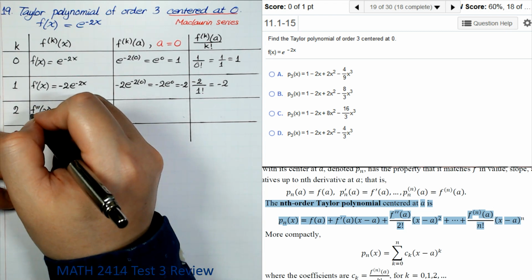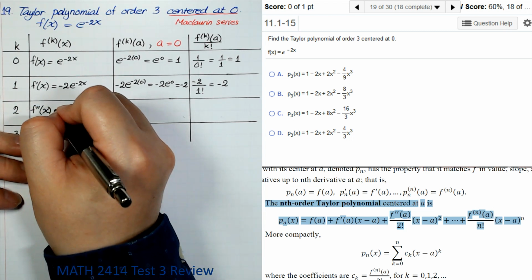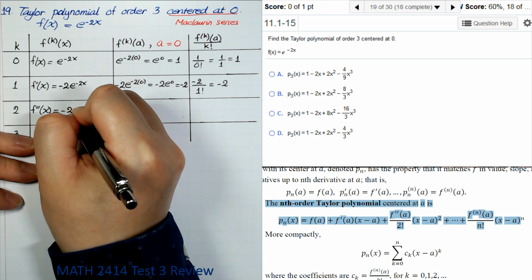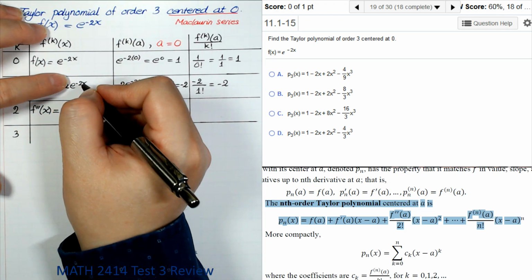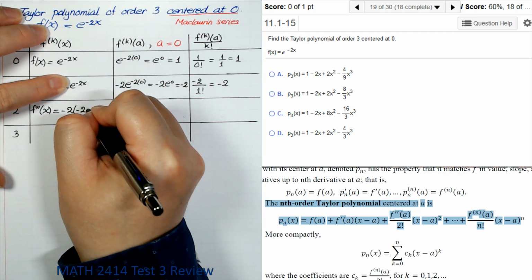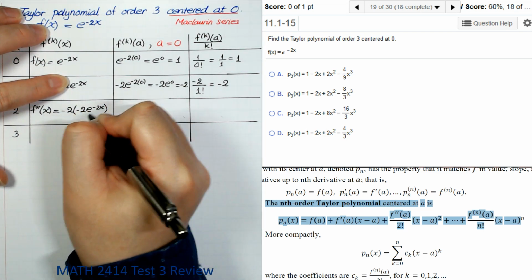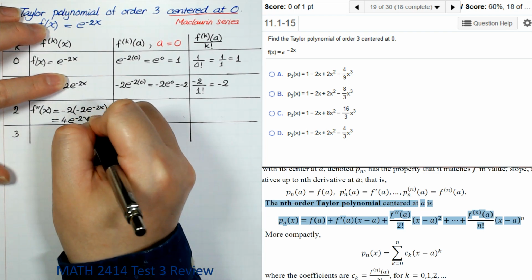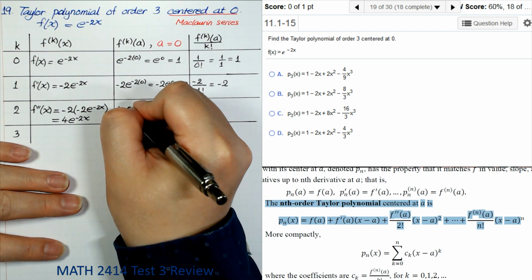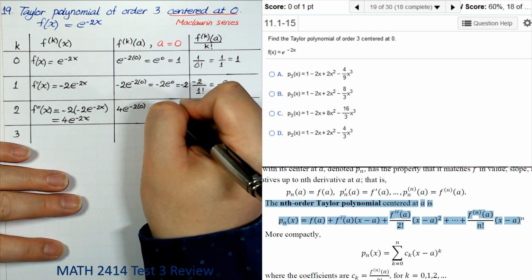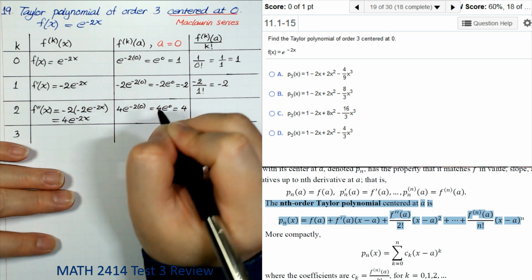Oh, it's fine. This one center is 0, then we definitely don't need to multiply it out. Much more convenient. Right. Derivative of e to negative 2x is negative 2 e to negative 2x. Multiply it out: 4 e to negative 2 times 0, which is 4.